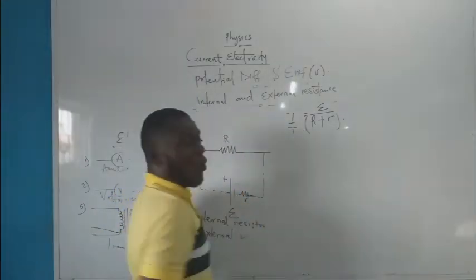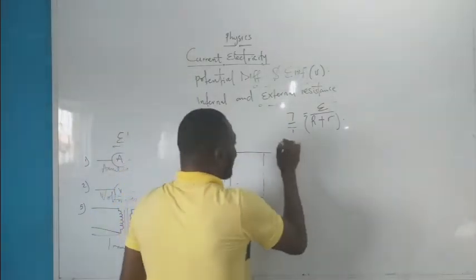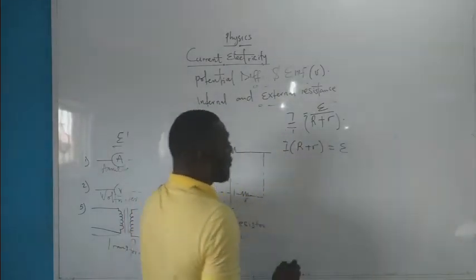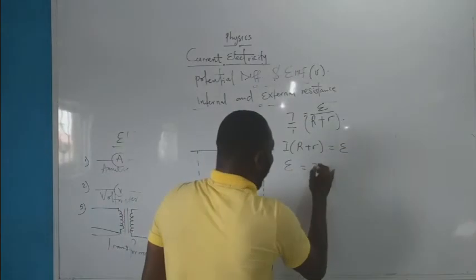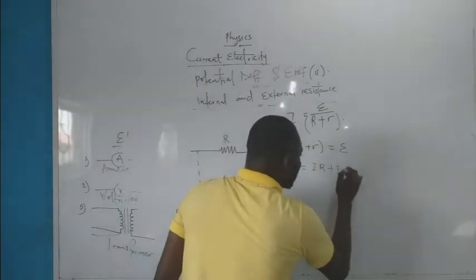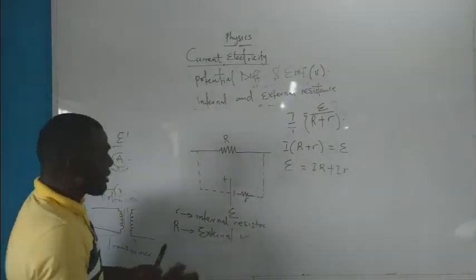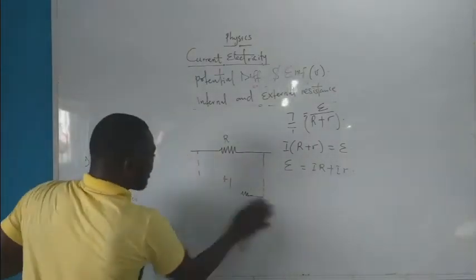If you have this over 1, you can cross multiply, so it will be I into bracket R plus r equals EMF. So you can have EMF equals IR plus Ir. That's the circuit diagram.